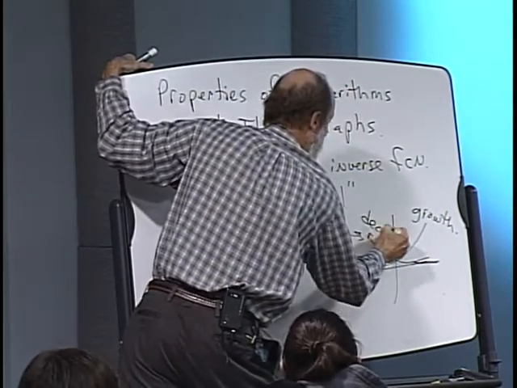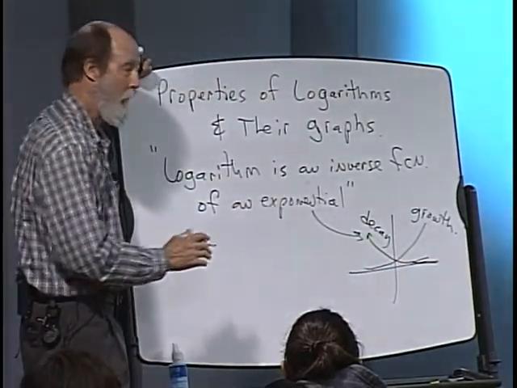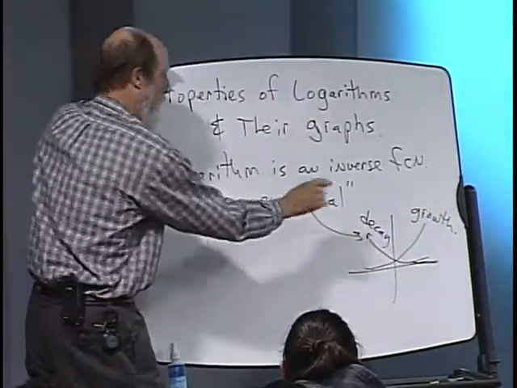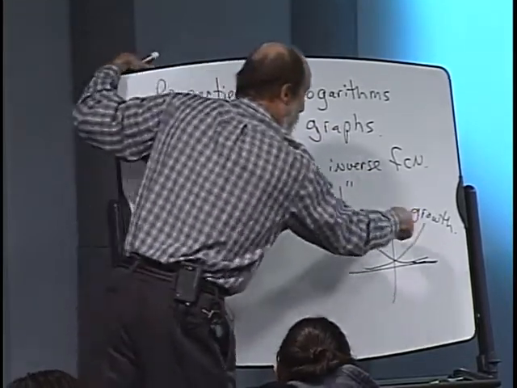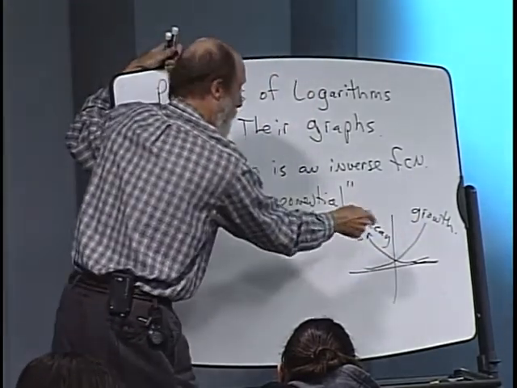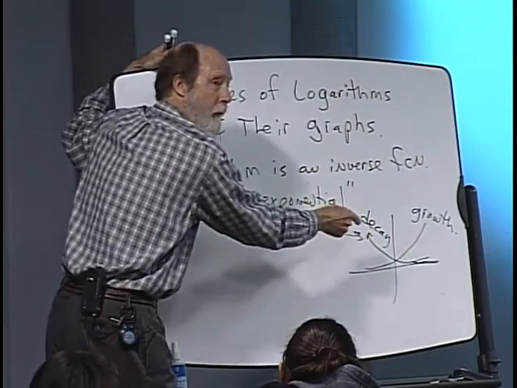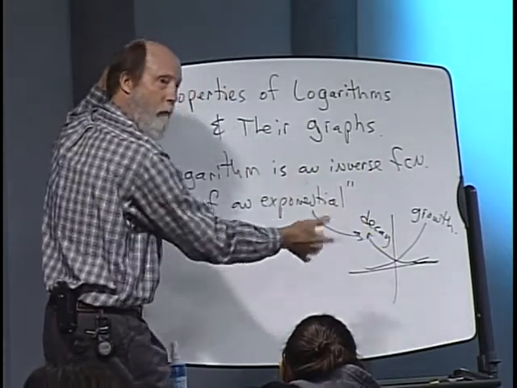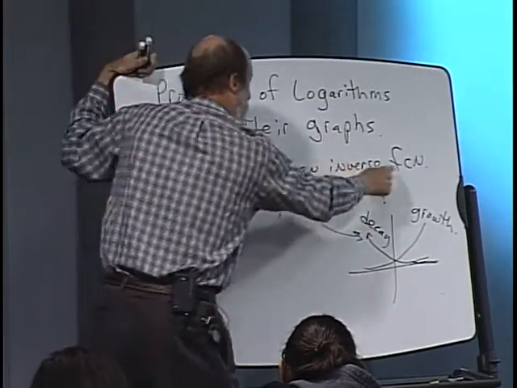That would be a decay exponential, falling as you move through the domain. A growth exponential would be growing as you move through the domain. Either one passes a horizontal line test. Each has a domain and a range. If you form the inverse, since these pass a horizontal line test, their inverse would then pass a vertical line test, which means that inverse will be a function.